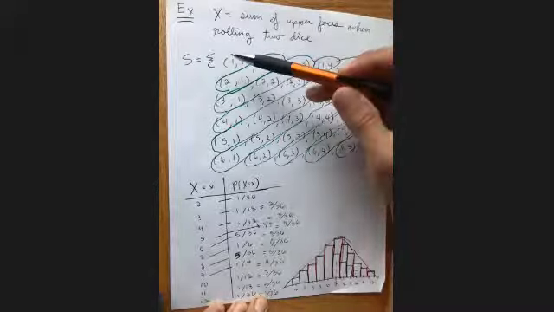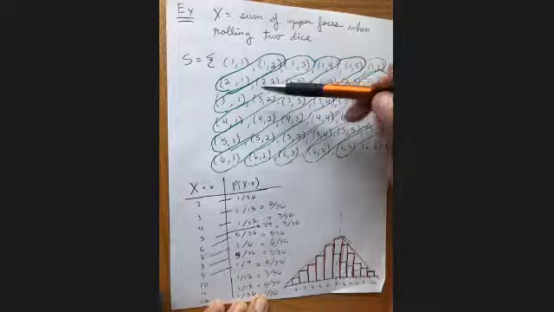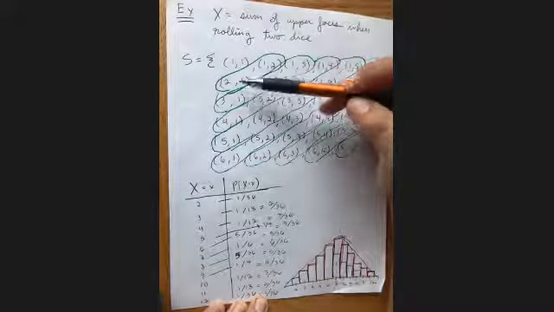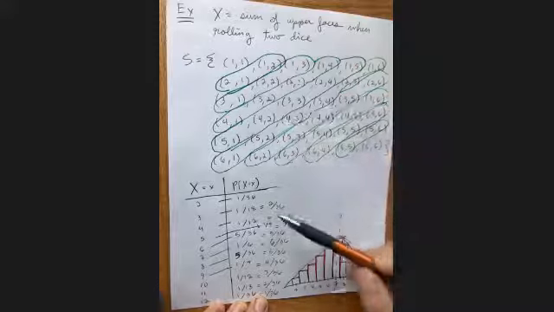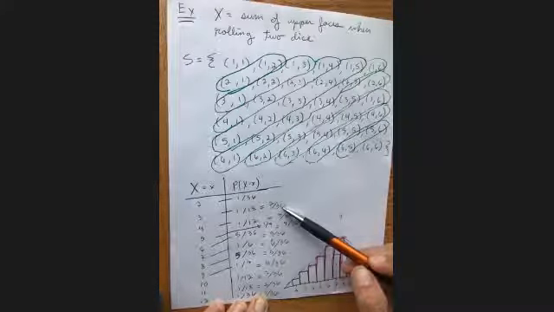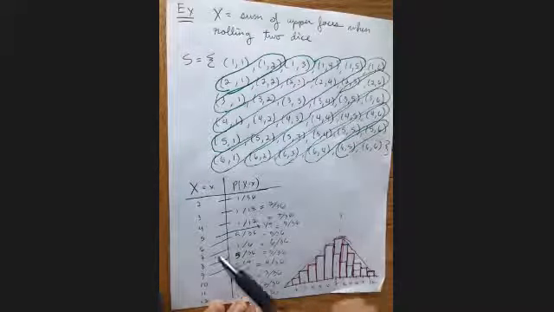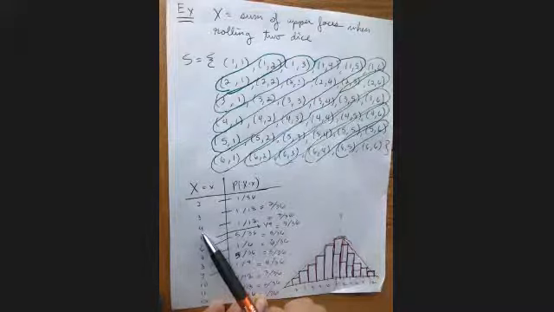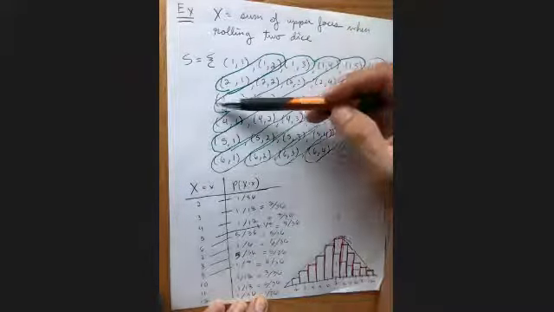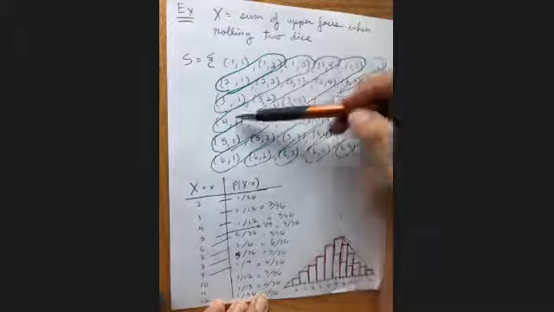And both of these add up to 3. So there are 2 ways of rolling a 3. So 2 out of 36 ways of rolling a 3, which reduces to 1 out of 18. We can keep doing this. If we look at the outcome of rolling a 4, that actually is captured on the next diagonal.